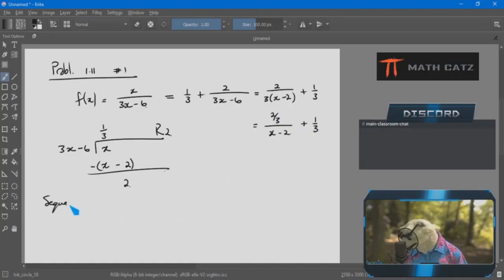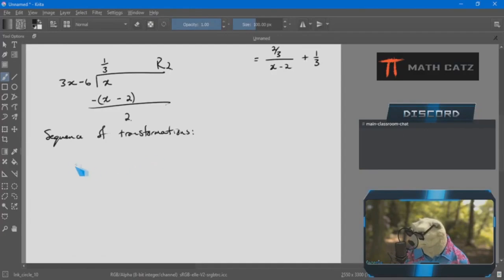So here is my sequence of transformations. And in the interest of saving time, I'm not going to graph these. Once you have the sequence, graphing it should be the most straightforward part, but let me know if it isn't. The fractions are unfortunate, but it doesn't really matter. So, of course, I start with my basic rational function, 1 over x.